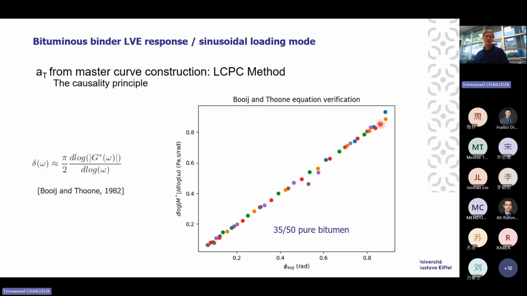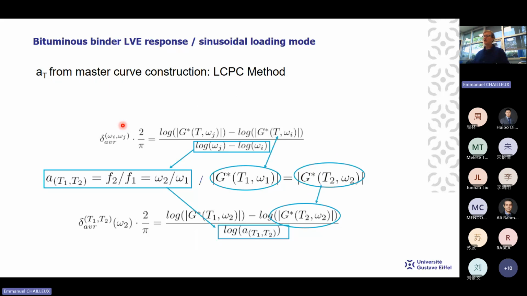It is verified on linear viscoelastic measurements on bitumen, but also on mixtures. It's generally verified. So after the verification of this relationship, we can use it to access the translation coefficient to construct the master curve.